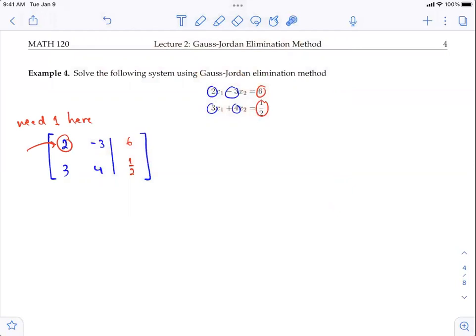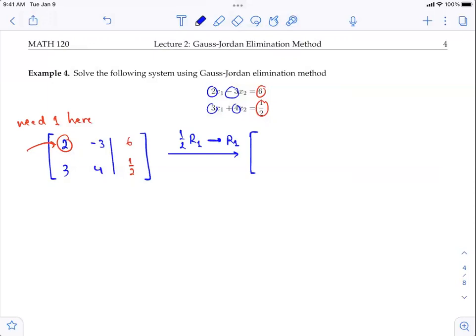You divide every entry of this row by 2, or multiply row 1 by a non-zero constant. In this case, I'm going to multiply every entry of row 1 by 1/2, and I'm going to get a new row 1.